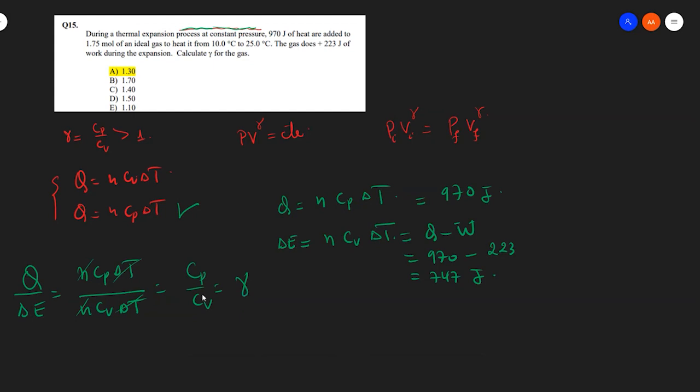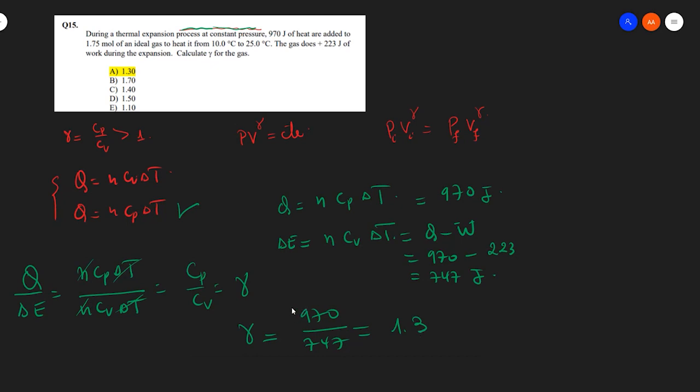So we obtain gamma just by using Q over delta E. Gamma is then equal to 970 over 747, which is 1.3. Gamma has no unit, it's a number, and it's always larger than 1. And of course, gamma can tell you which gas you are studying. The question can be: is the gas monoatomic, diatomic, or polyatomic?